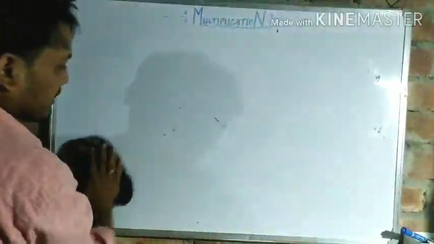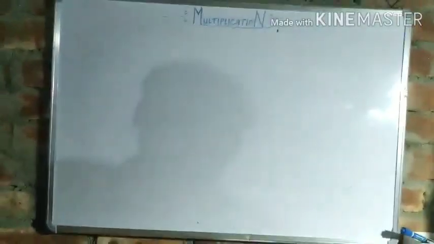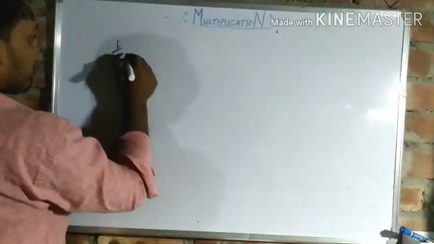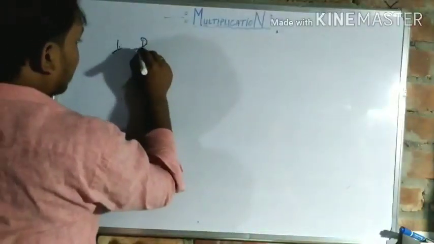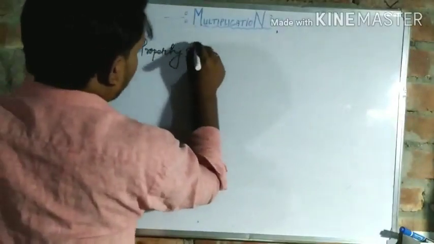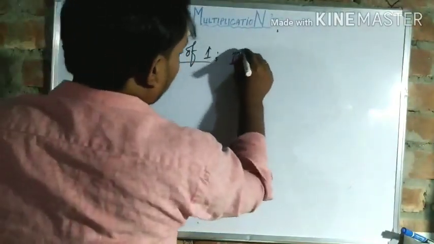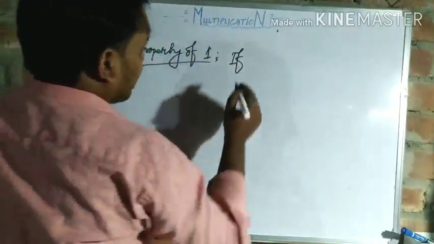Next I will discuss some properties of multiplication. The first property is the property of 1. It is very important and you may already know it.